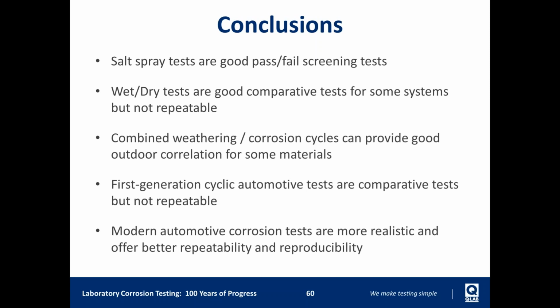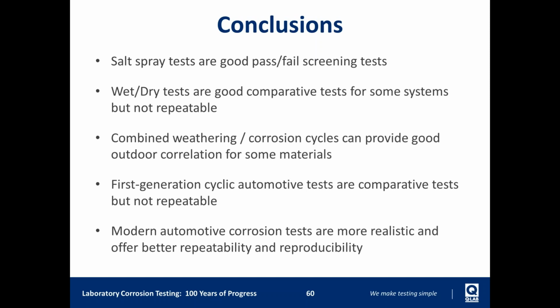Wet-dry tests are good comparative tests, but they have a high amount of variance from test to test. Combined weathering and corrosion can provide good outdoor corrosion for some materials.